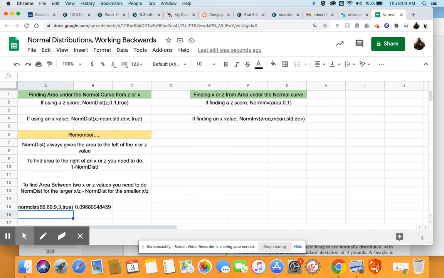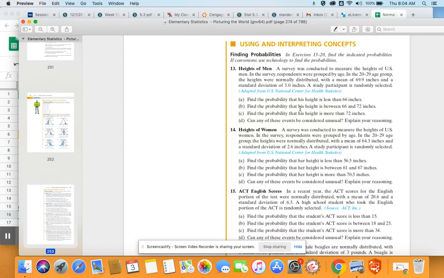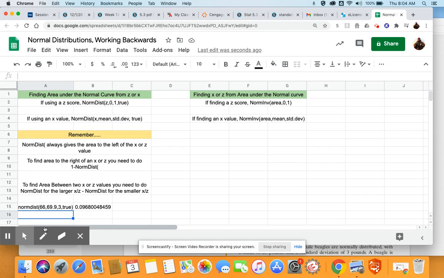Part B, the second question, says, find the probability that the height is between 66 and 72 inches. Okay, and in a between question, we're going to need to do 2 normal distributions. So we'll need to do normal distribution. We want to use the larger of the 2 values, which was 72. Mean is 69.9.